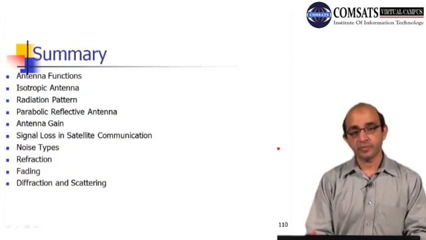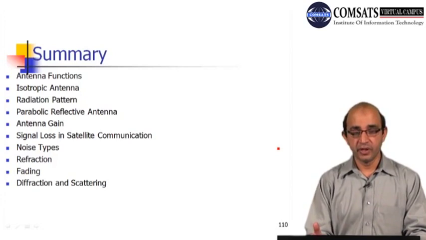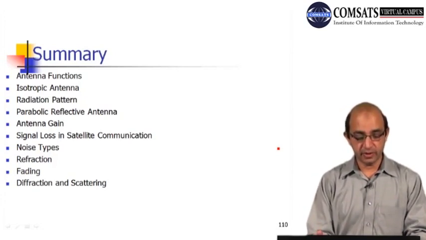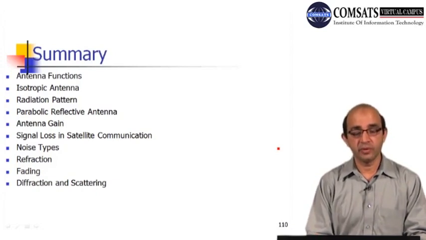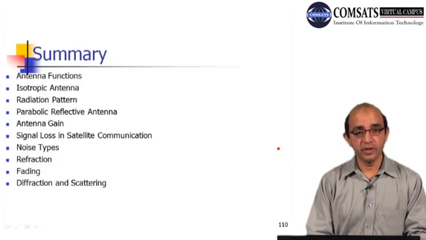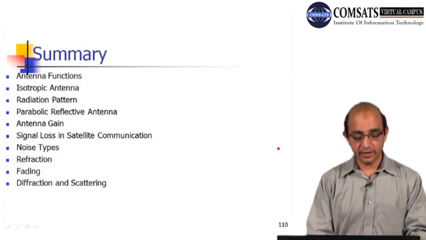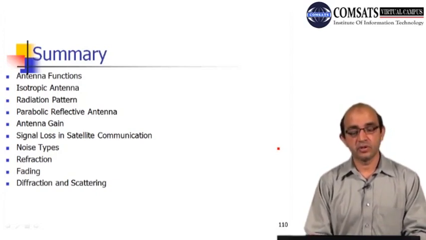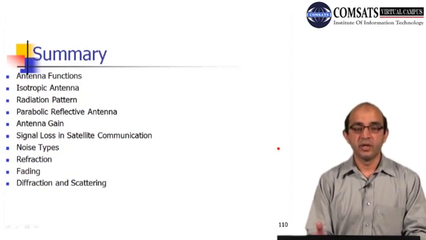So we have discussed different types of noise, and then different propagation techniques and mechanisms that we should be able to understand in order to have a good antenna design. These are refraction, fading, diffraction and scattering. So we have talked about all these concepts. So that's all.